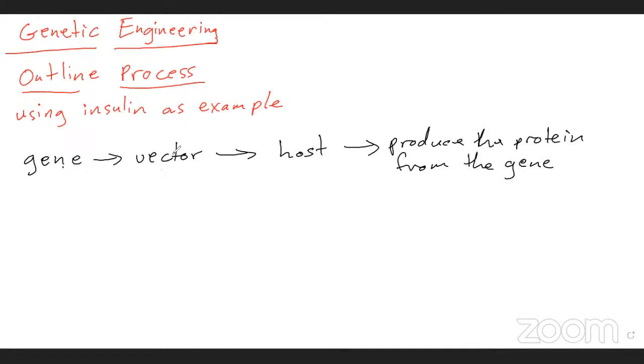So you put the gene into a vector, you put the vector into a host, and the host will express the protein. So how does that work? Where does the gene come from? So step one, you need to isolate the gene. Right?